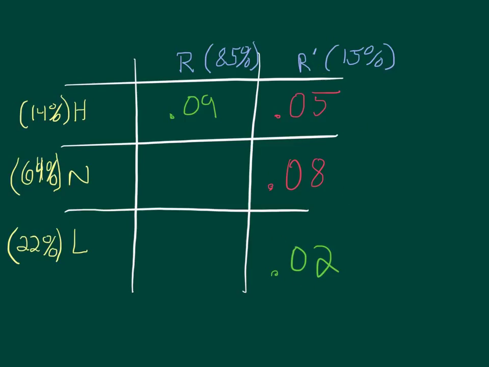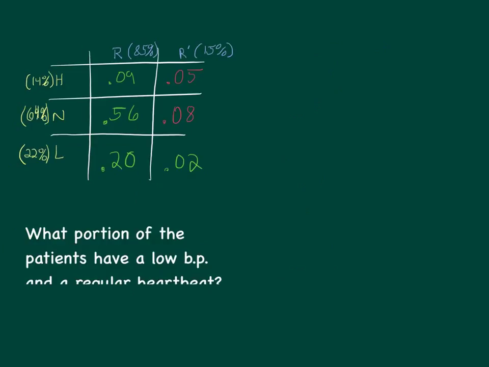All right. We can figure out the other two by adding across the row here. 0.08 taken away from 0.64 leaves us with a 0.56 probability, and then 0.02 taken away from 0.22 leaves us with a 0.20 probability.